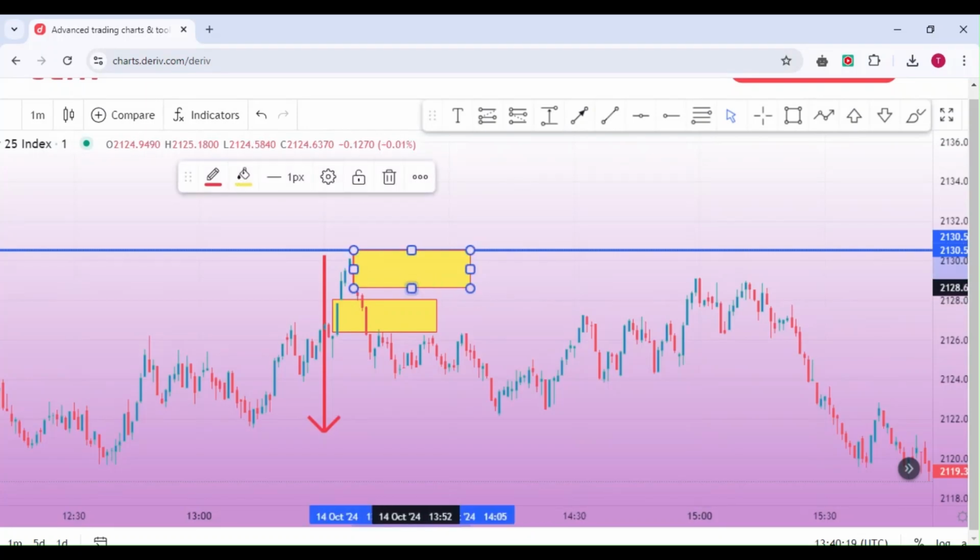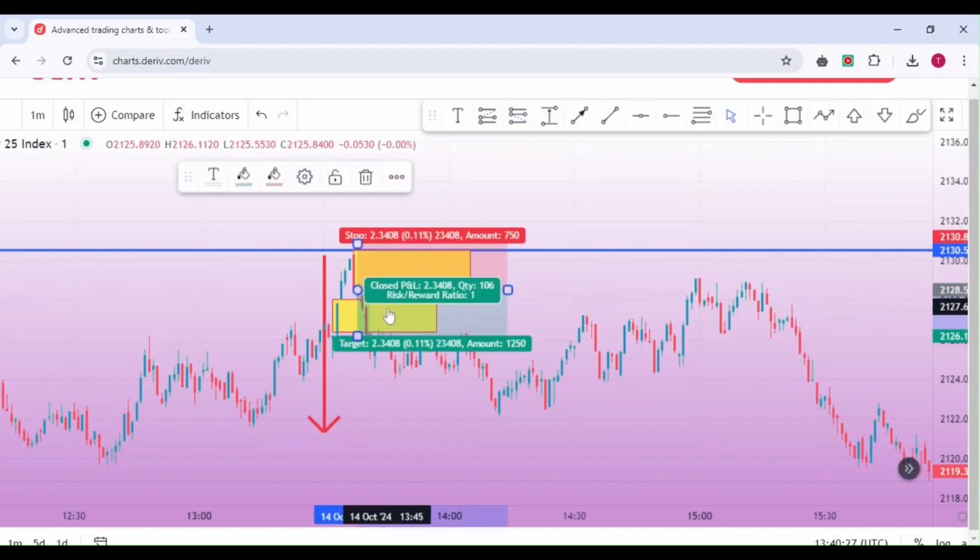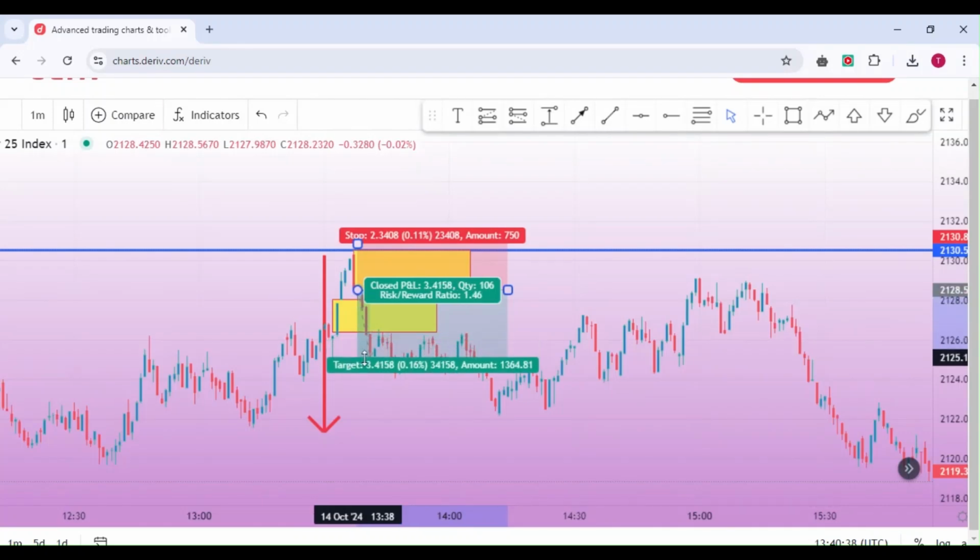So this is a good order block to know that it's now time to get into the trade. So you just enter using this candlestick after the market has created this fair value gap, and then the ratio is 1:2.